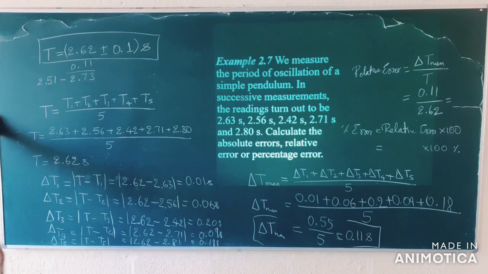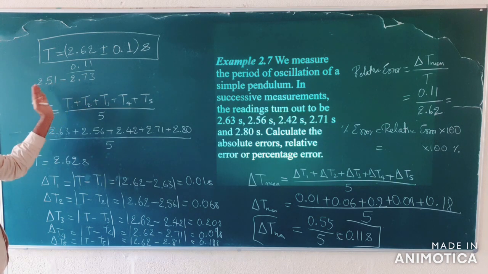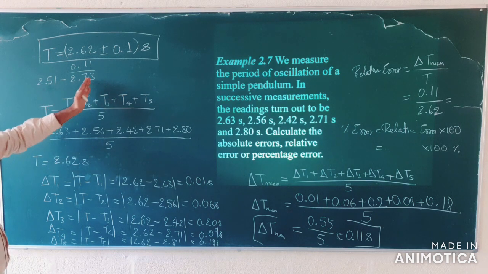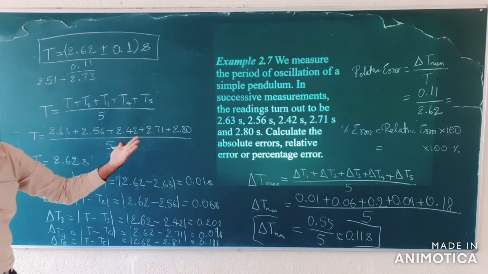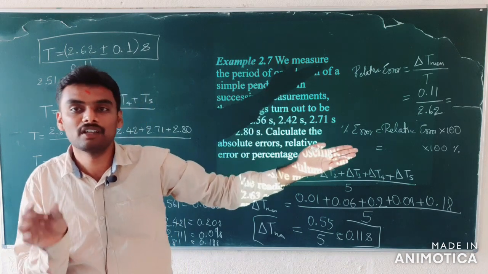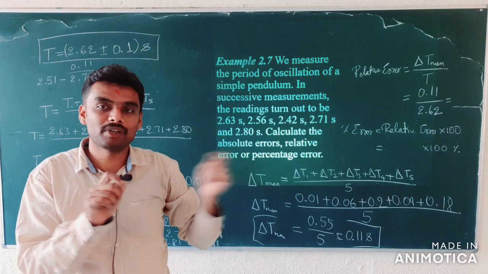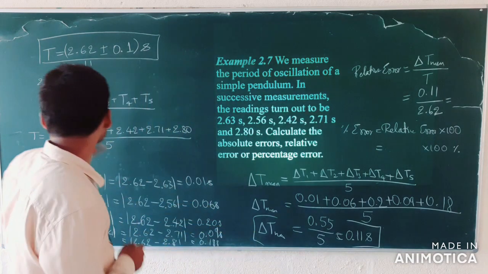I hope you got the idea why we neglected the second decimal place, because now the value can vary from 2.5 to 2.7. That's a huge variation when we compare it to 2.51 to 2.73. There is a huge variation here itself from 2.5 to 2.7, so the second decimal place doesn't matter much.